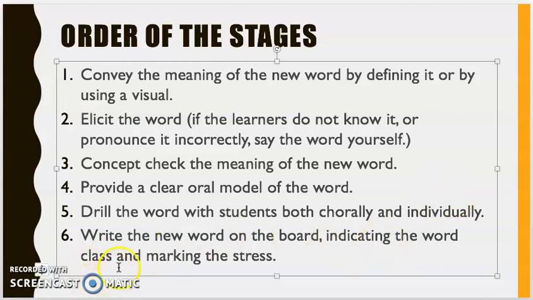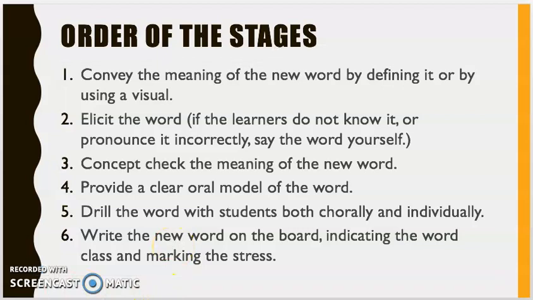But why do we do all these things? Do we really have to go over all these steps in order to elicit vocabulary or language from our students? Yes, we do, and I'm going to tell you now the reasons why it is important to follow these steps when eliciting.